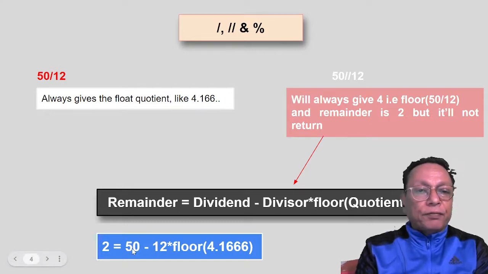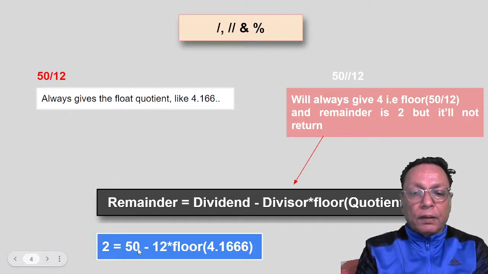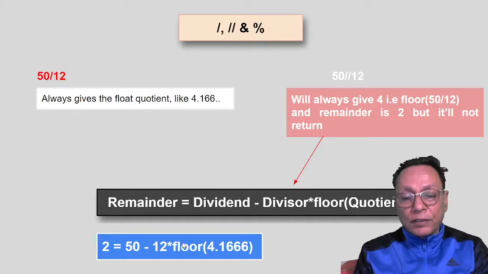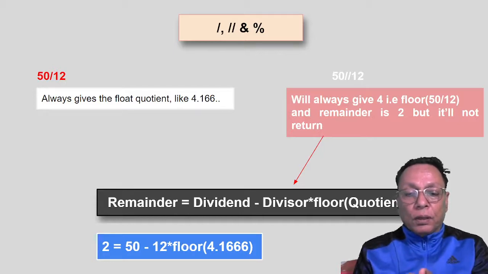So dividend is 50, fine, minus divisor is 12, fine, and floor of 4.1666. So floor of 4.1666 should be less than or equal to the value 4.1666, इससे less value क्या होगी? So the value should be 4. So floor of 4.1666 will be 4.